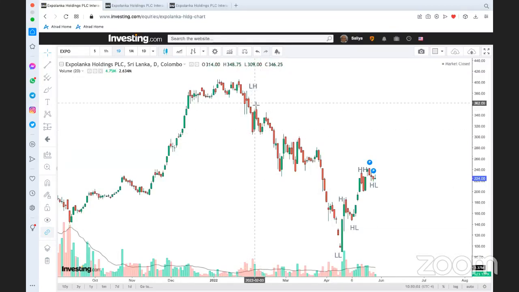Here, there was a high here, then again a low, which is similar to this low. Then again a high here, but that high is continuing to be lower highs.